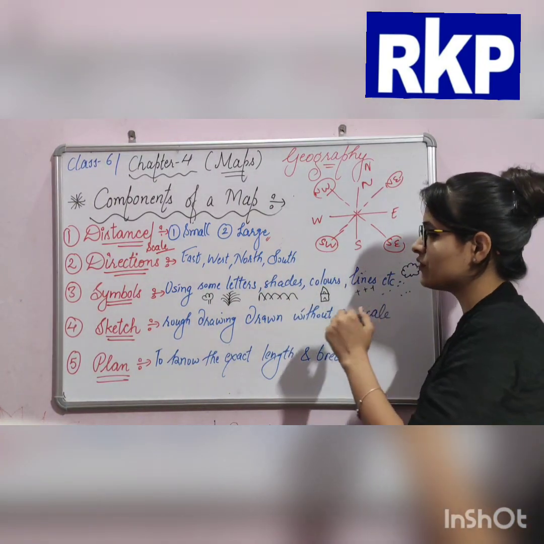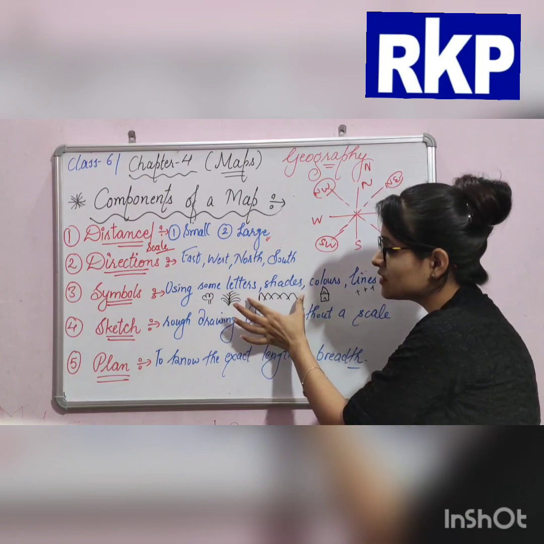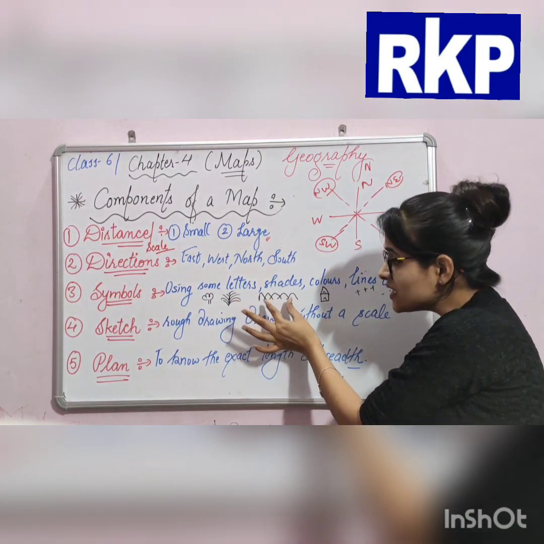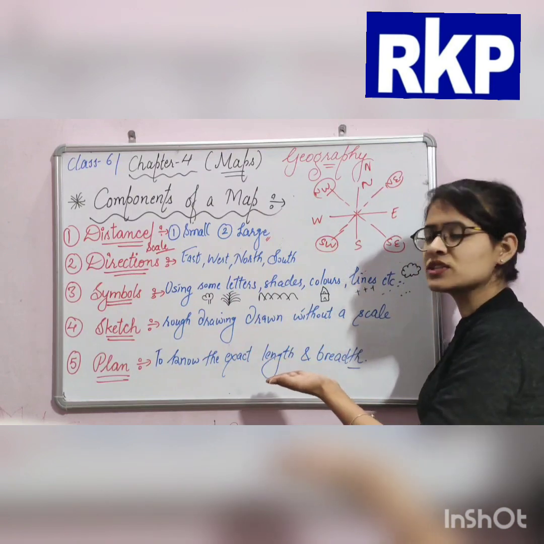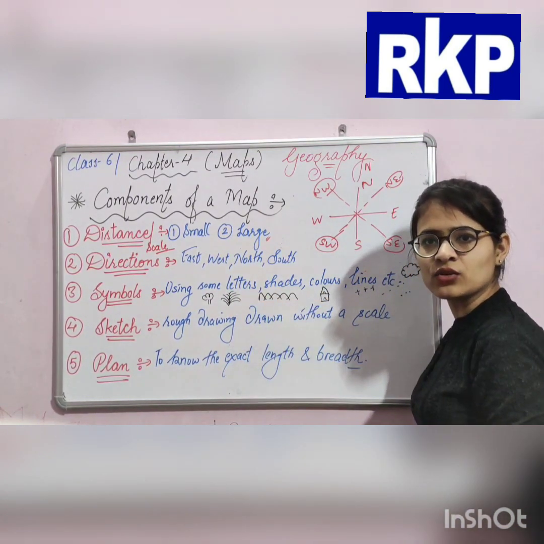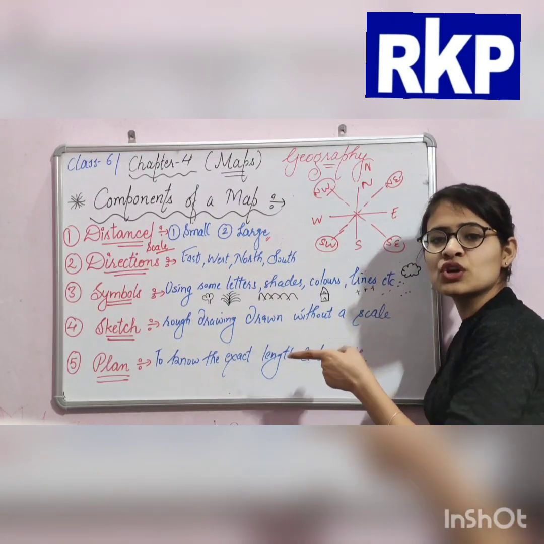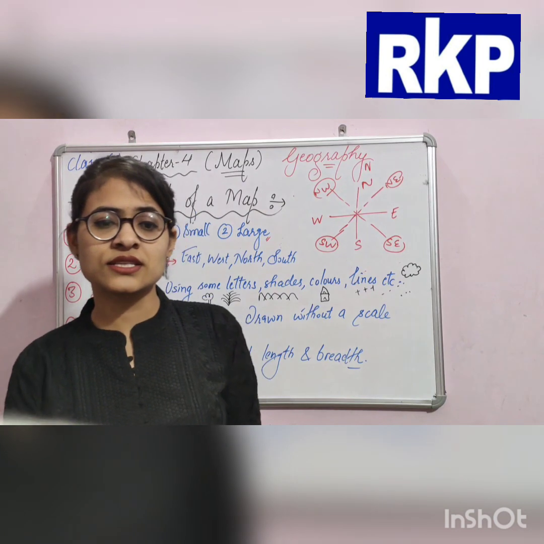So if we are showing some mountains, these are the symbols, and these symbols help us to read out the language. The symbols used to read out the language are called conventional symbols.